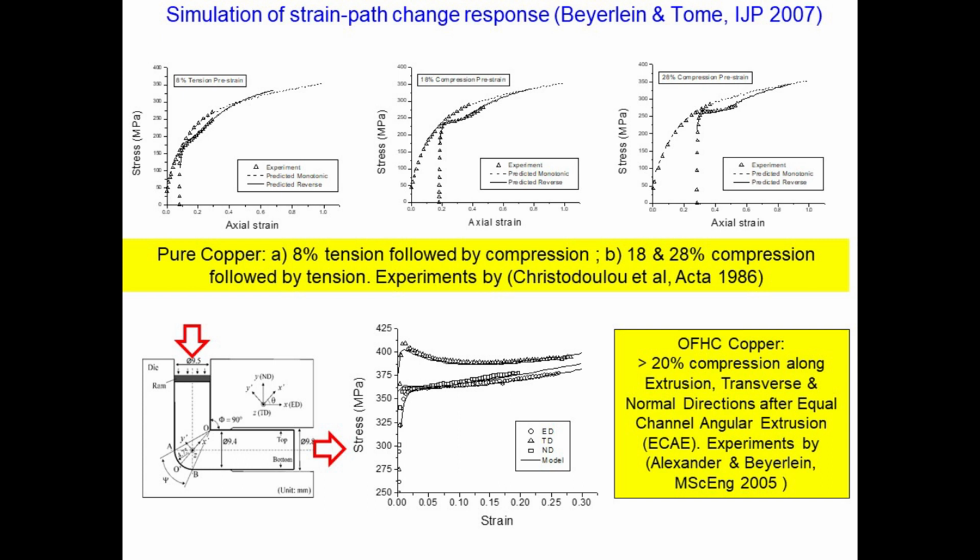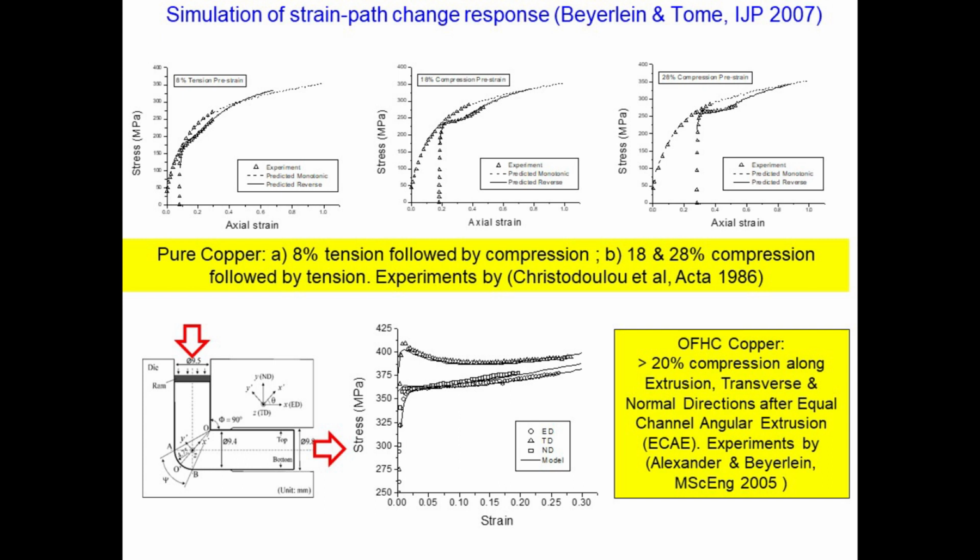We also did some experiments on copper doing the channel die process that we showed before. That leaves your material with a dislocation structure that is characteristic of that process. And then what we did was 20% compression on those samples, cutting samples in three directions, because now we have a square parallelepipedic sample.